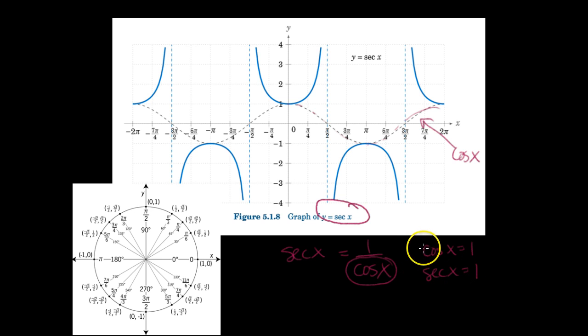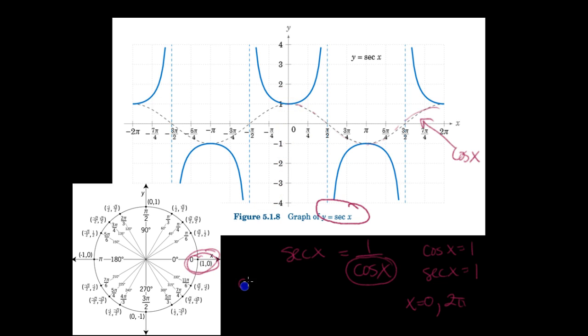And where is cosine of x equal to 1? When x is equal to 0, and when x is equal to 2 pi. Remember, cosine of x equals 1 here, and cosine of x equals 1 back here again, positive.